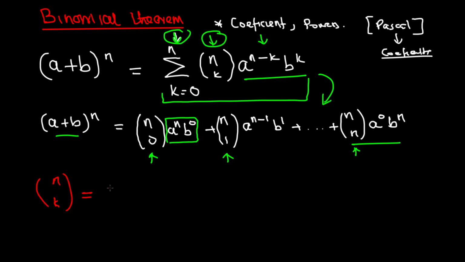So to change it to a number, you have to do this. Remember there's k here, and then you have to do n minus k, like that. So what is this? This is factorial. That is factorial, that is factorial, that is factorial. This whole thing is called a combination.